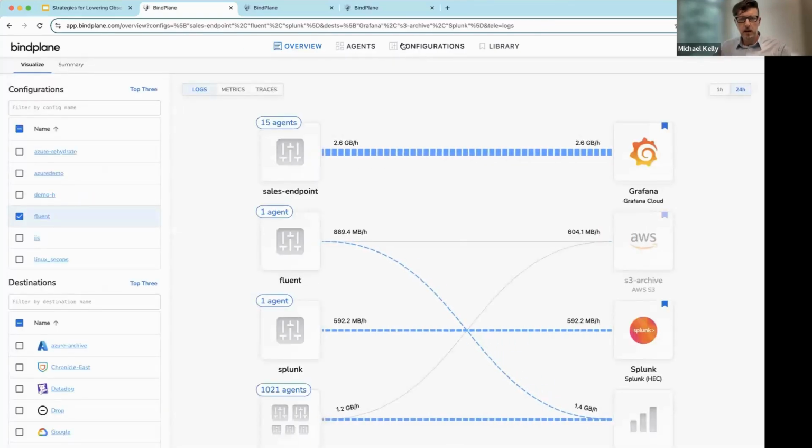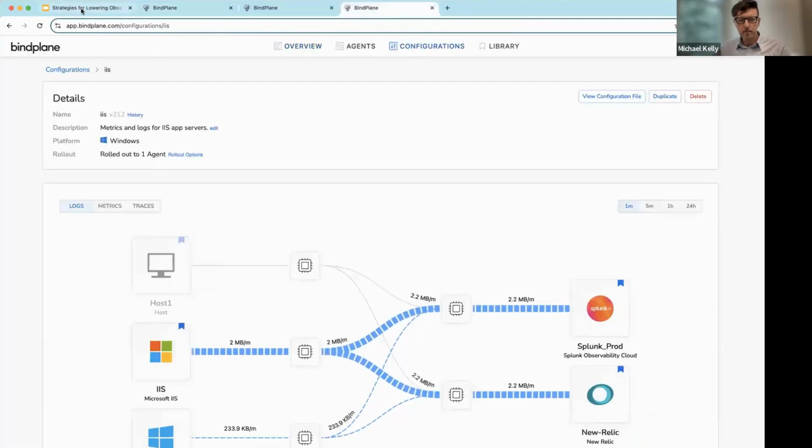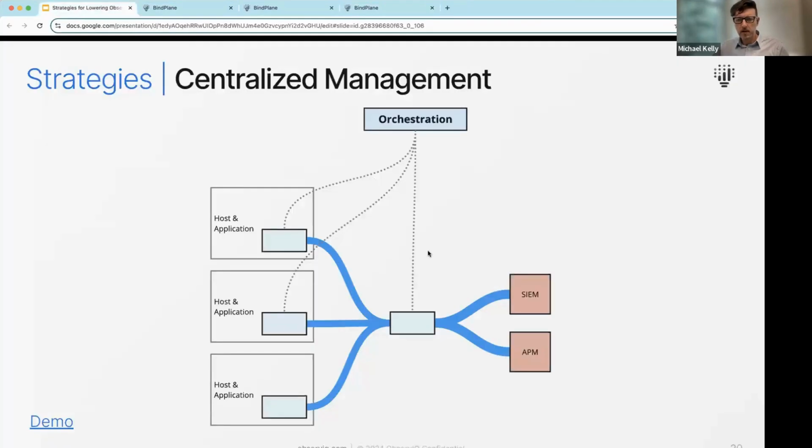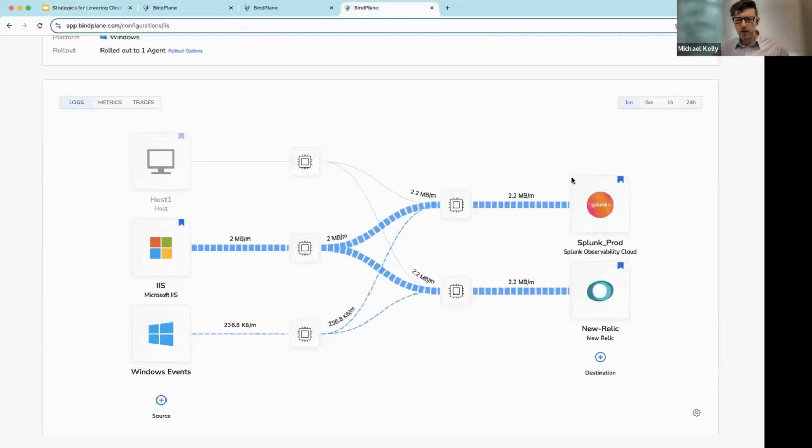So I'm going to look at a specific instance here as an example. This one roughly replicates what you're seeing in this view. We have a SIEM, we have an APM. Maybe we're sending more than we're expecting, and thinking maybe there's an opportunity for a reduction.